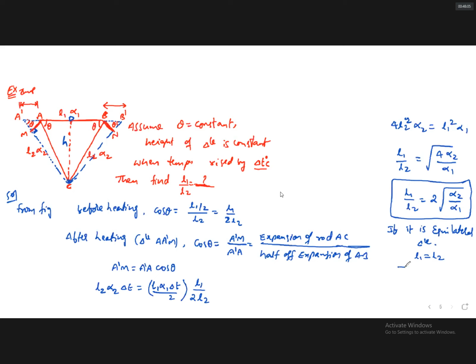Alpha 1 is equal to 4 alpha 2. This is for an equilateral triangle made up of different materials, where two sides are made up of one material and the third side is made up of another material. Therefore, alpha 1 is 4 alpha 2.